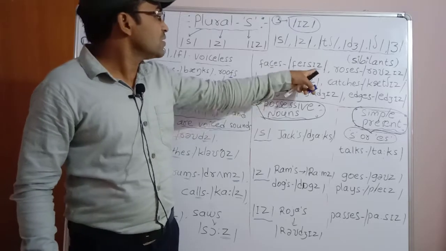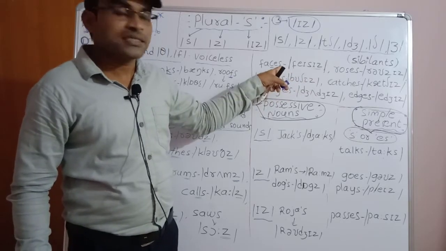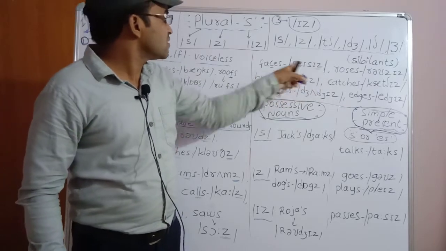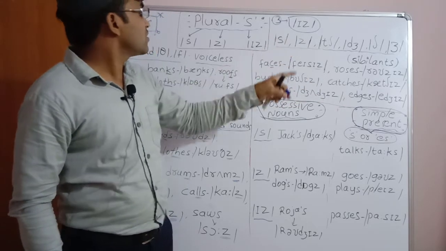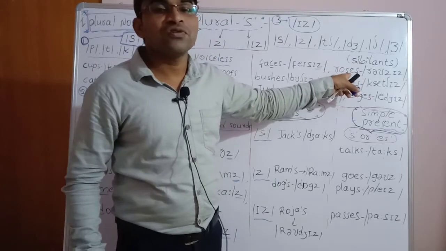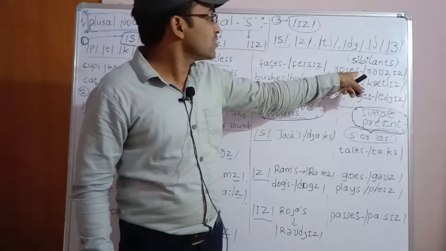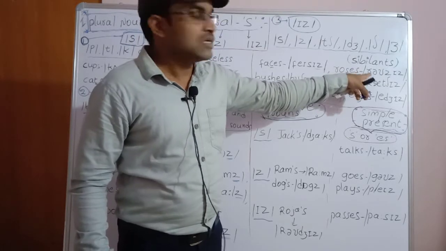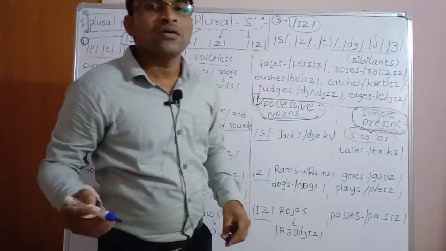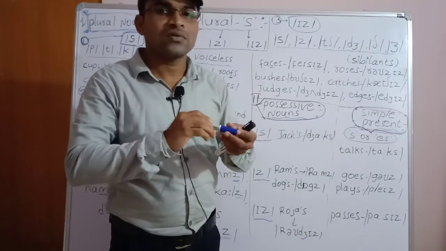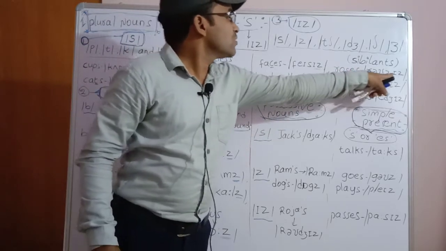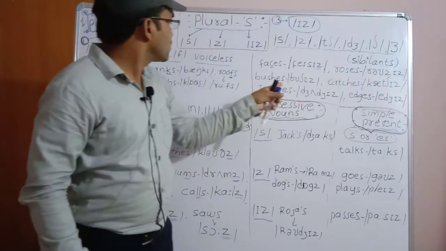Here the plural s sounds like is. Saw. Rose, R-O-S-E, rose. The plural s sounds like is. Roses.